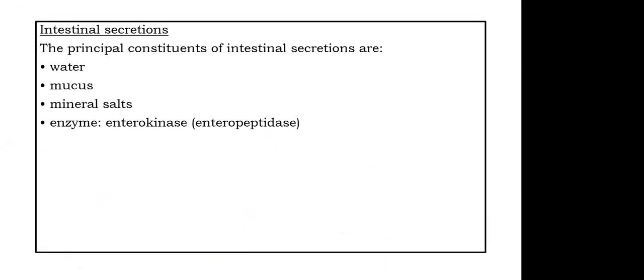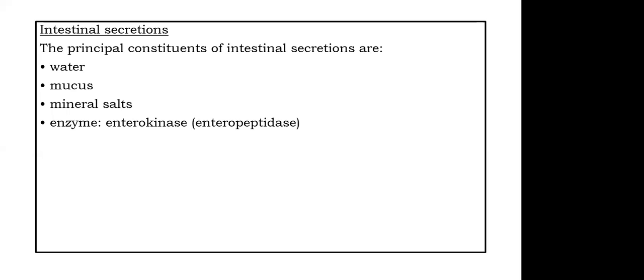And now we will discuss the intestinal secretions. Okay, what are these? I have told you, when the acid chyme passes into the small intestine, it is mixed with pancreatic juice, bile juice, and intestinal juice.